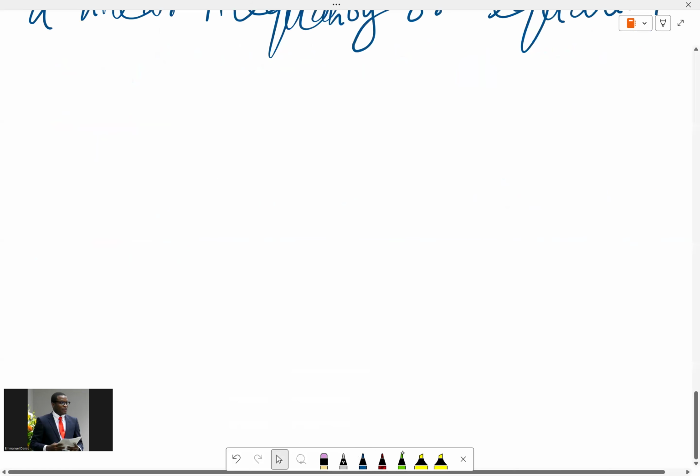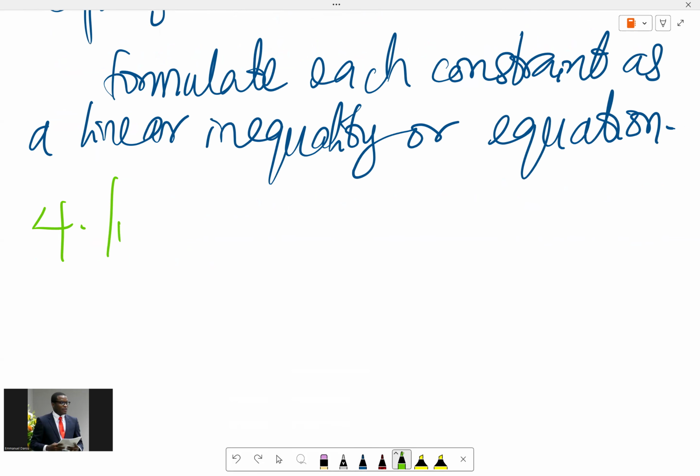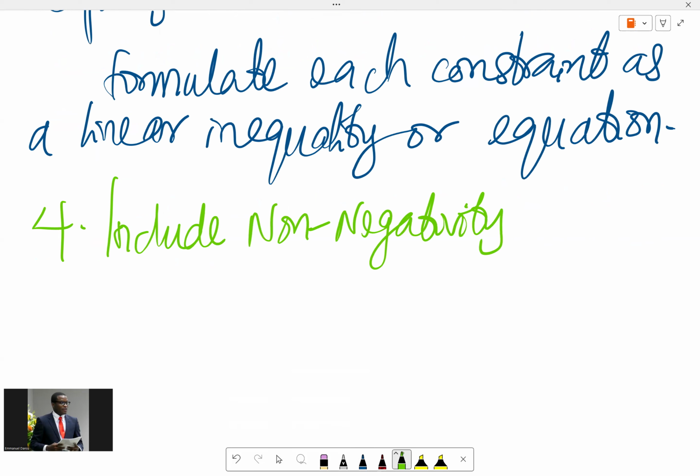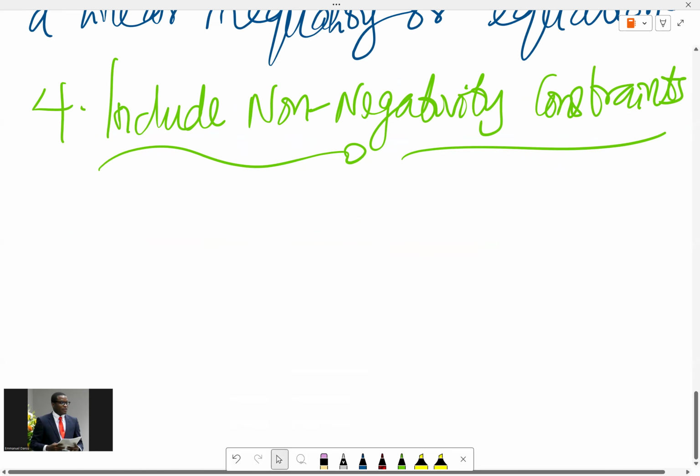Then number four, include non-negativity constraints. Of course, in most cases it is necessary, except if you have unrestricted variables. That is to guarantee positivity. For instance, in business, you don't expect to have negative profit or negative production or anything like that.